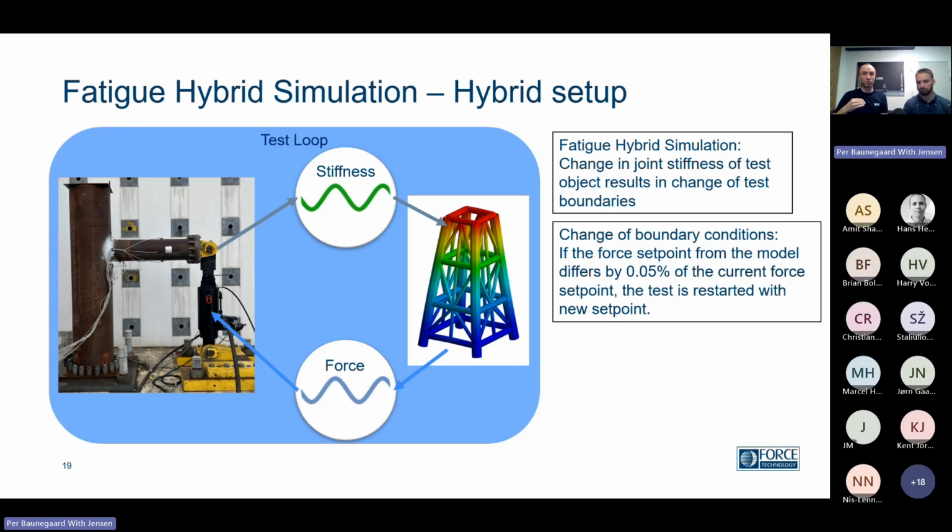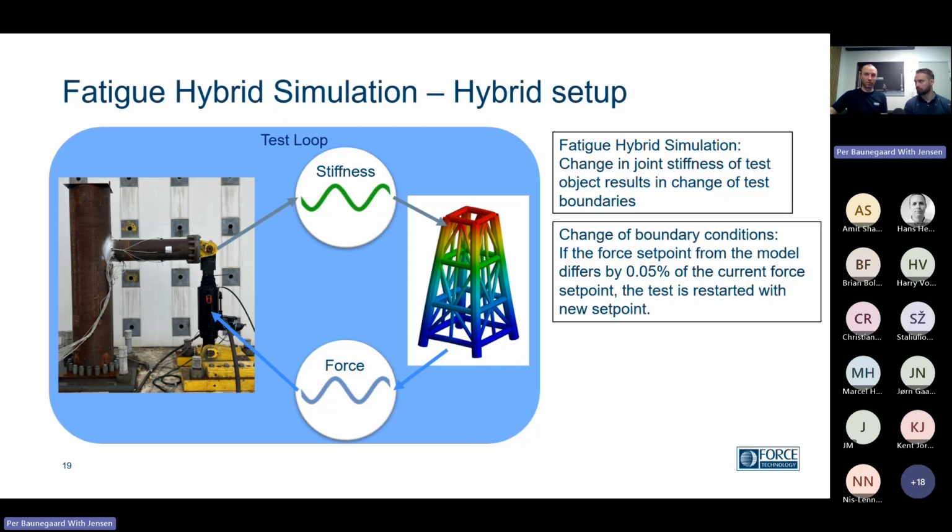And then we set it up so you don't have to change for every single cycle, because the testing program was not set up for that. We set it up so that we constantly monitored the boundary condition for the force that the model gave us, and said if it differed by more than 0.05%, then we need to stop the test, restart it with the new boundary conditions, and so forth.